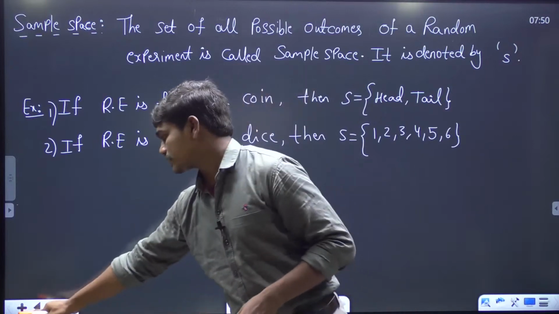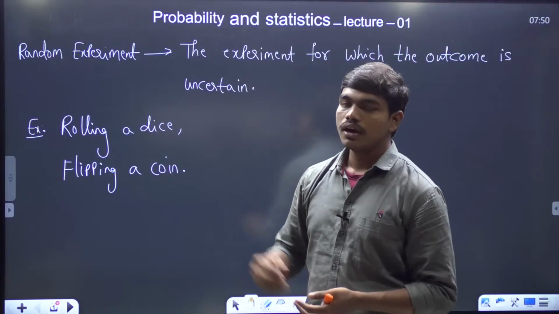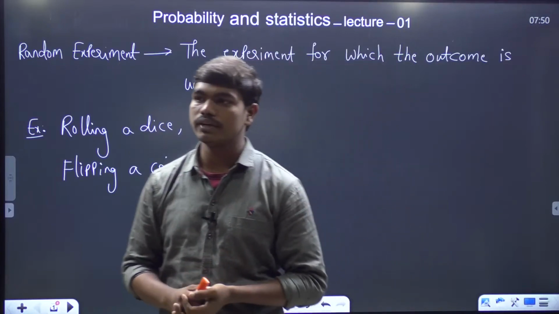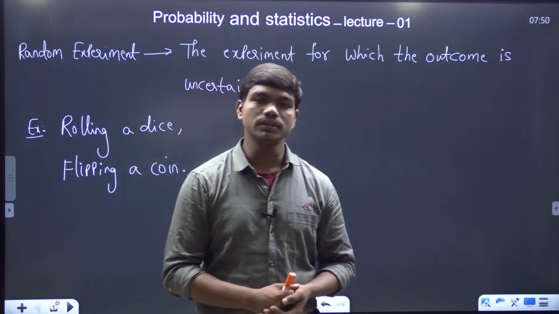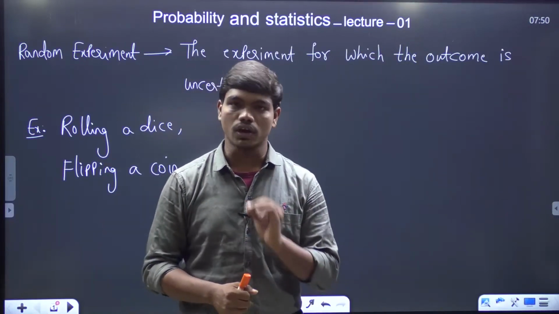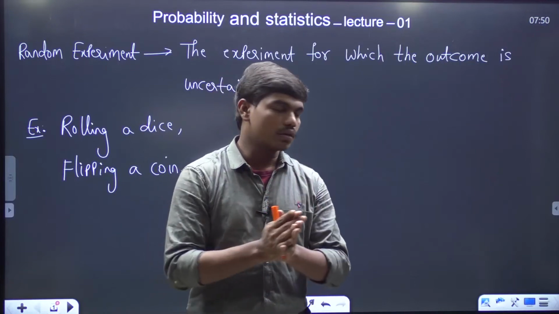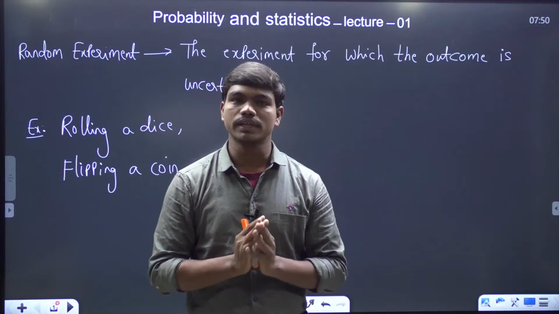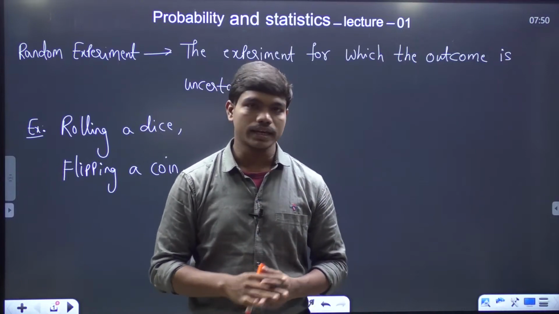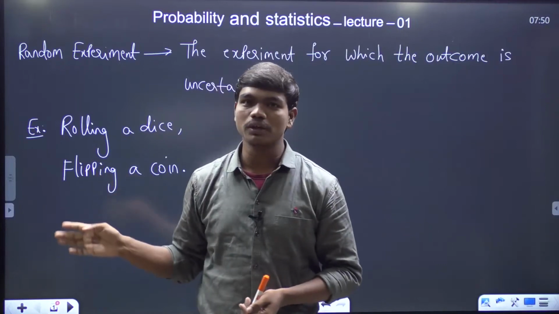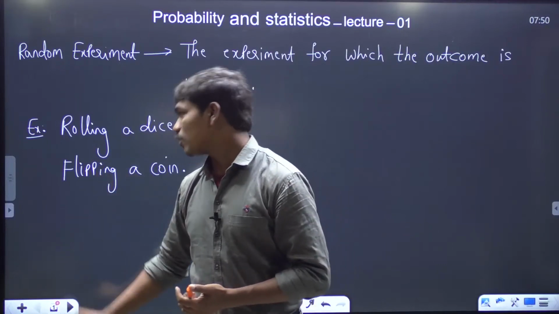Whoever is not present for yesterday's class, if you quickly recall, we have discussed what is a random experiment. Random experiment is basically the experiment in which the outcome is uncertain. Means in a particular trial of the experiment, you're not sure which particular outcome is going to come, but what are all the possible outcomes for a particular random experiment, correct? That's why we say the outcome is uncertain. And these are 2 examples. We have discussed 2 more cases in yesterday's class, so I hope you remember them.